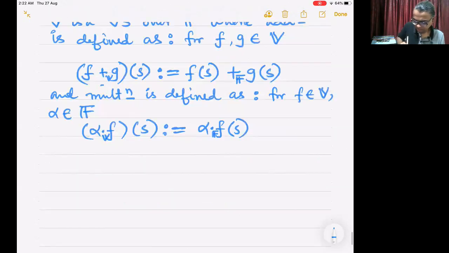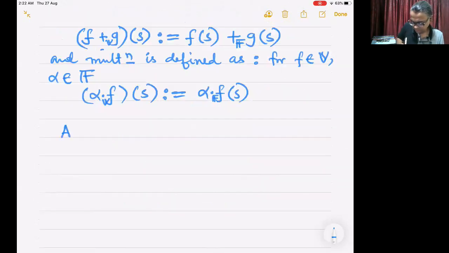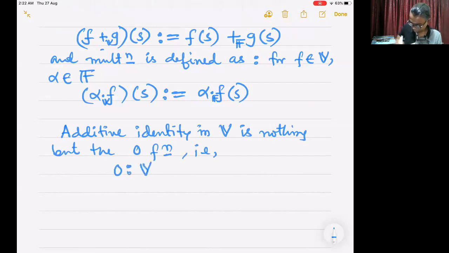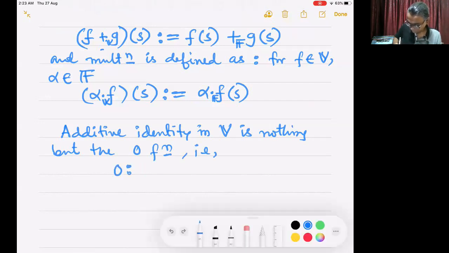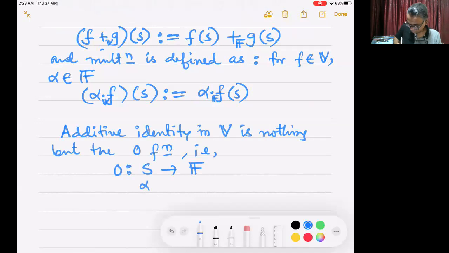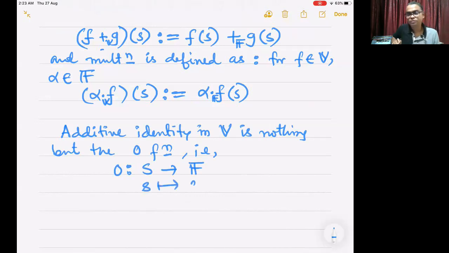Let me just mention that in this case, the additive identity in V is nothing but the zero function, that is, 0 from S to F is such that every element s is mapped to the 0 of the field, the additive identity of the field.